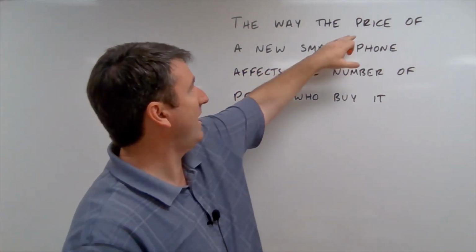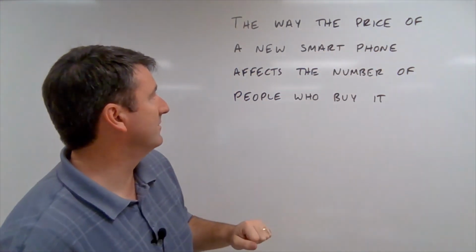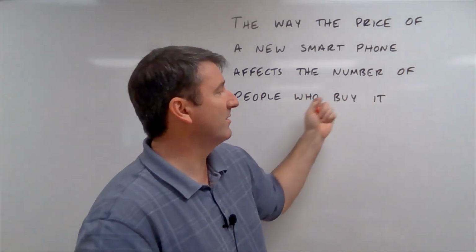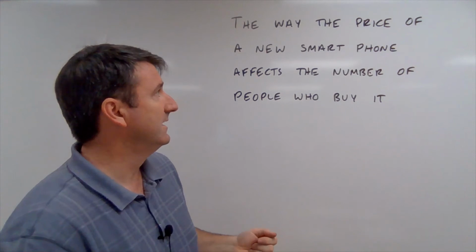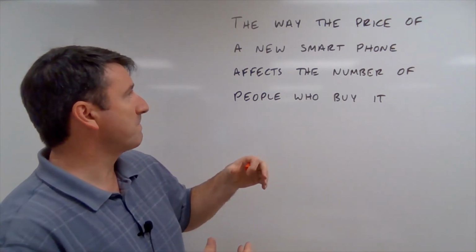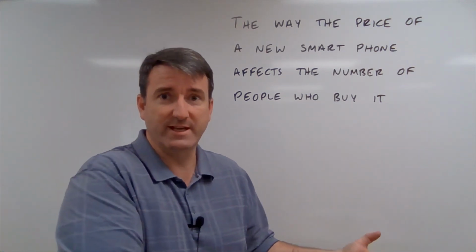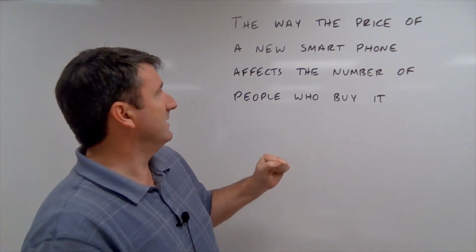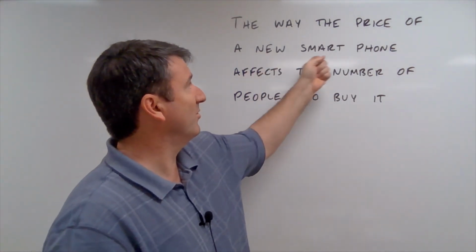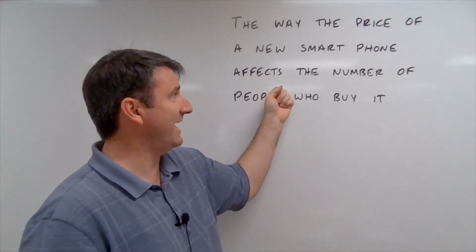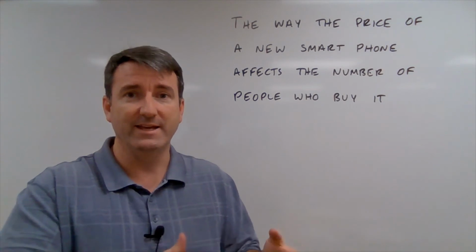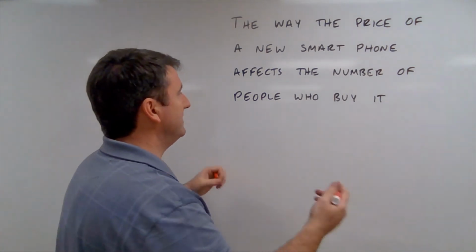Here, the price of the smartphone is going to be one of the variables, and that's going to affect the number of people who buy it. What's the independent variable? What's the dependent variable? Well, here we're told that the price of the phone is going to affect the number of people who buy it. So the price is the independent variable.